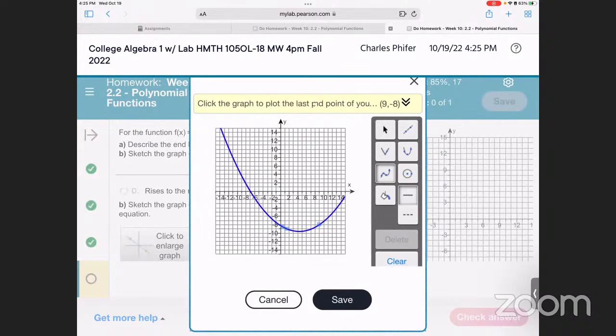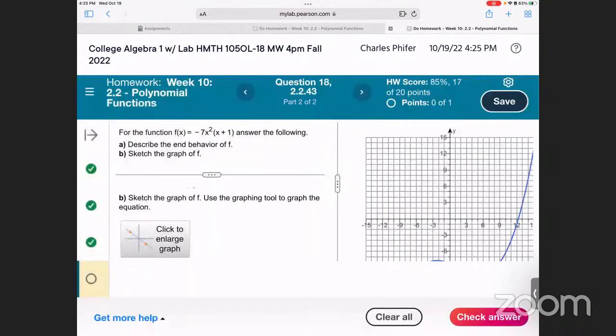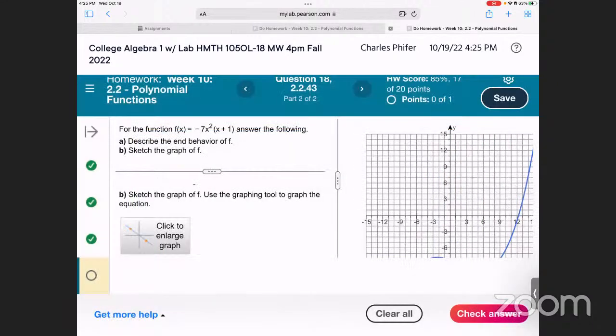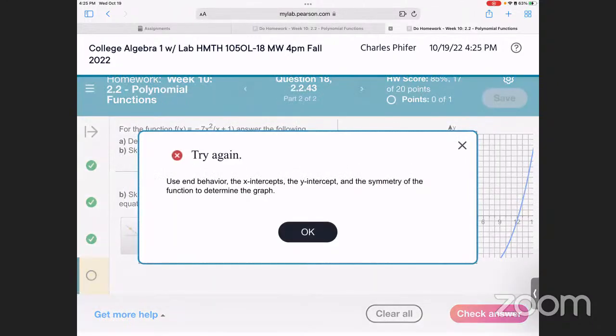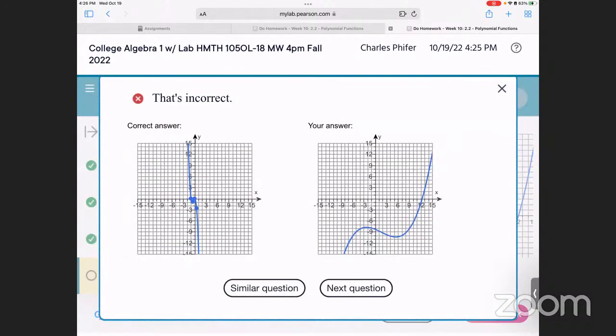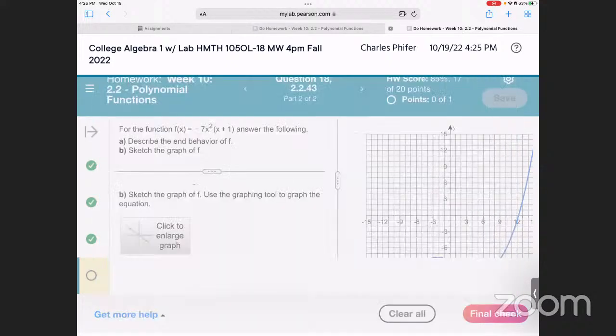So I'm just going to click in 3 or 4 random spots and hit save. It's going to be wrong, but I'm going to redo it, because we need to be able to type it in there. Like I said, I thought I had that as an option, but it doesn't seem to be. You can see it there, and we were a little bit off, but that's okay. Let's just do a similar one.